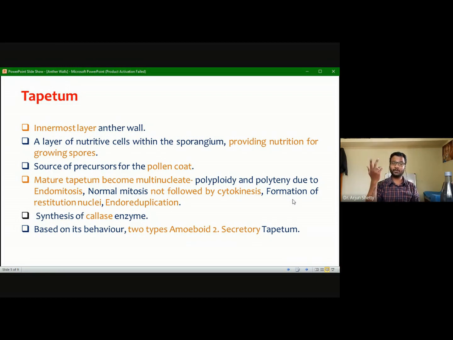The second, important one is that it is the nourishment tissue, because it contains the nutrients required for the development of the microspore.